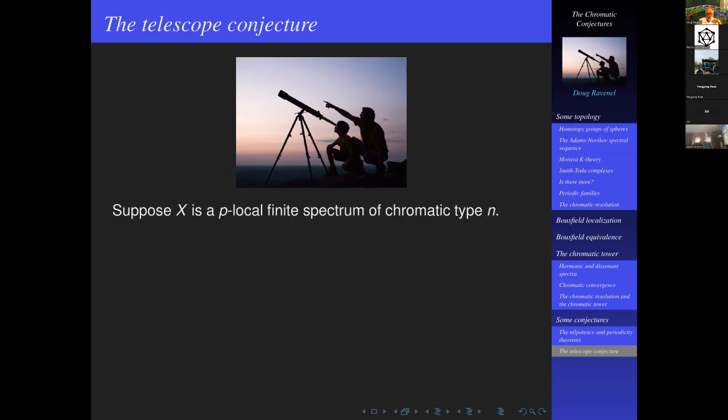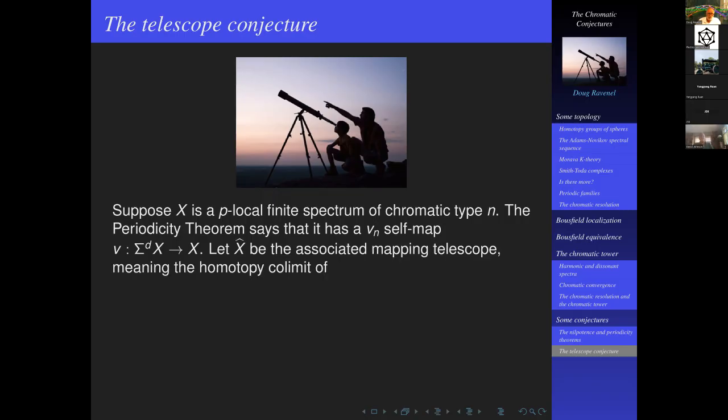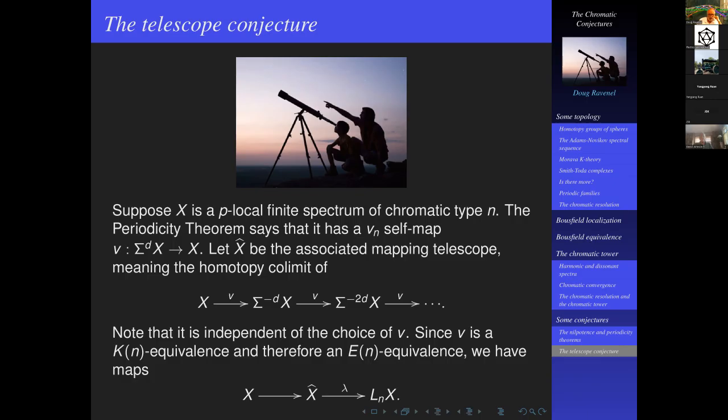So let's say we have a p-local finite spectrum X of chromatic type n. That means that it has this v_n self-map that I'm calling little v. And this map can be iterated, and we get a telescope associated with it, like this. All right, so we'll call that X hat.